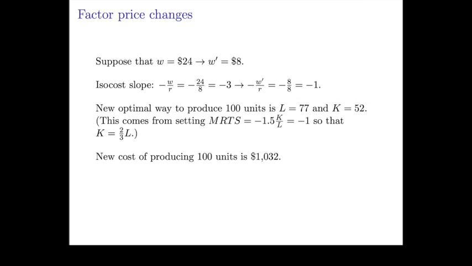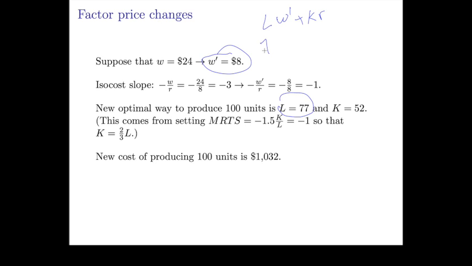So what's the new cost of producing 100 units? Well, it's just going to be the cost of labor, which is L times the new wage rate, so it's L times W prime, plus K times the rental rate.